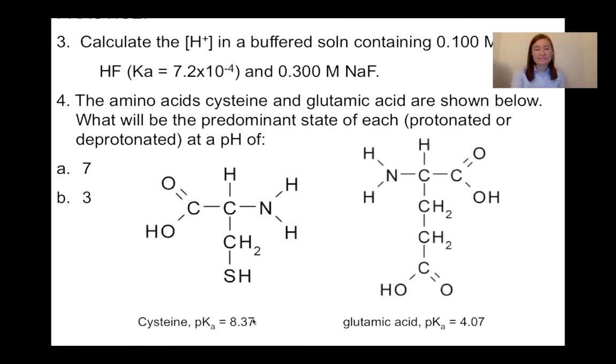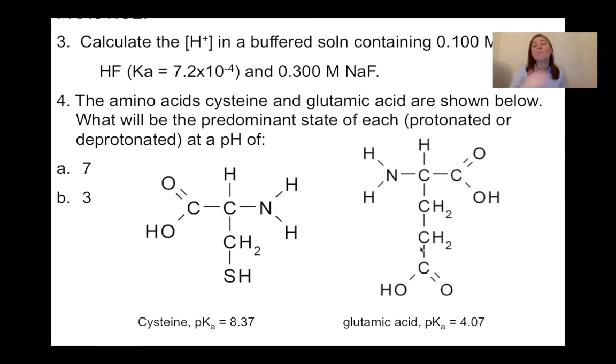At a pH of 7, that's less than cysteine's pKa, but it's higher than the pKa of glutamic acid. And so cysteine, if we're at a pH that's lower than its pKa, then essentially the solution is more acidic than cysteine can handle. And so cysteine is going to be protonated. It will have gained hydrogens off of that solution that's too acidic for it.